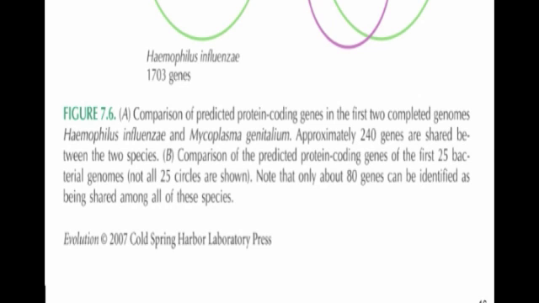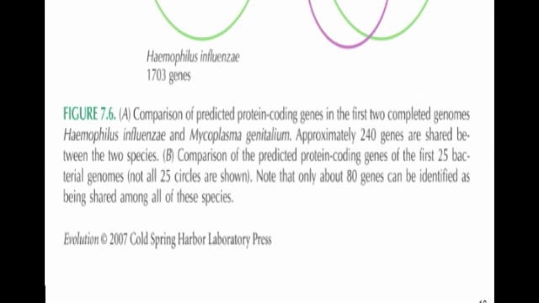And they all basically got the same results, which is that they share something on the order of 250 or so protein coding genes that appear to be orthologous between Haemophilus influenzae and Mycoplasma, sharing a common ancestry. And there were all these papers written talking about the minimal genome of an organism based upon this comparison.